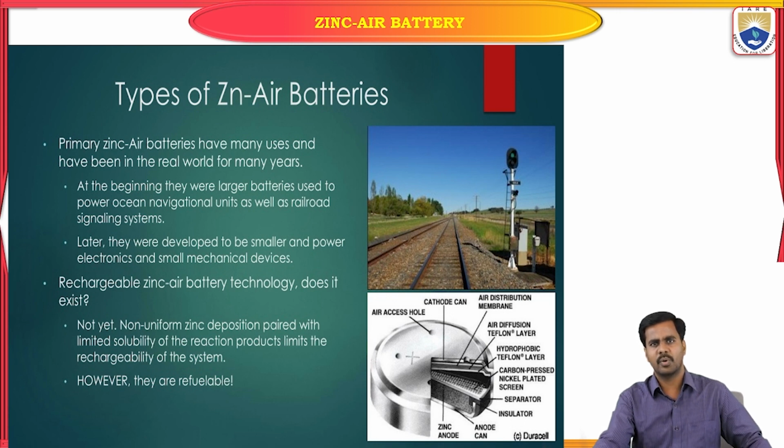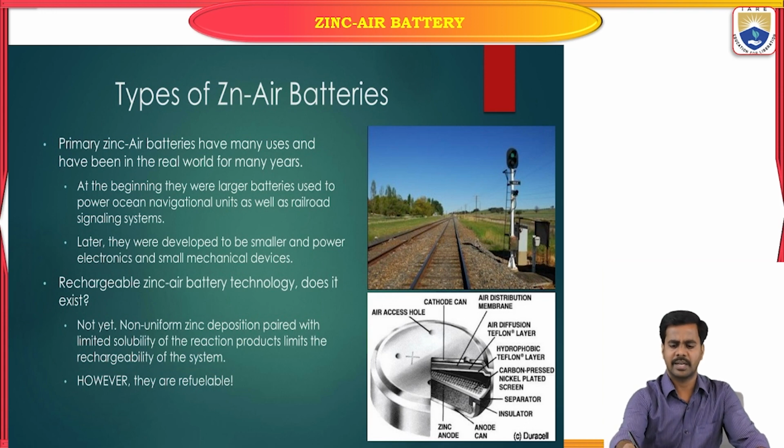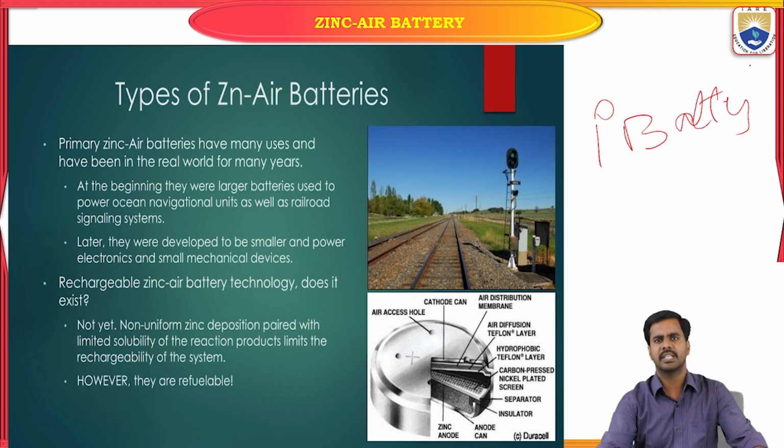Before going to the construction and working principle of zinc air battery, first we have to know what is a primary battery and what is a secondary battery, and what are the major differences between the primary and secondary battery. Coming to the primary battery, it is a non-rechargeable battery.